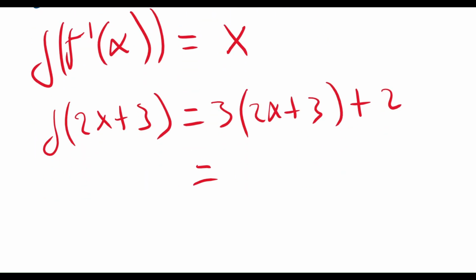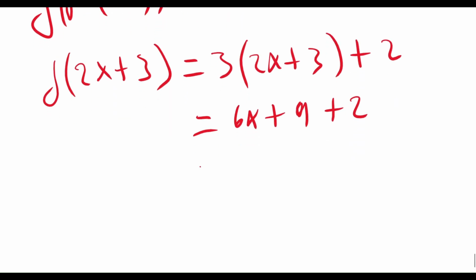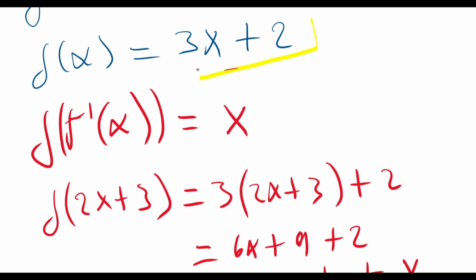If it is not equal to x, then it doesn't satisfy the condition. So now we can distribute. Distributing, we're going to have 6x plus 9 plus 2. So as you can see, 6x plus 11 is not equal to x.